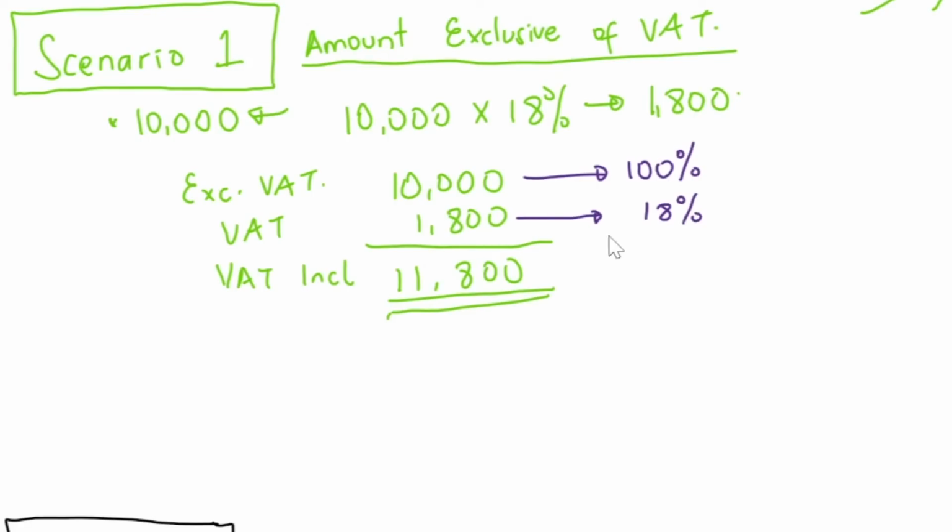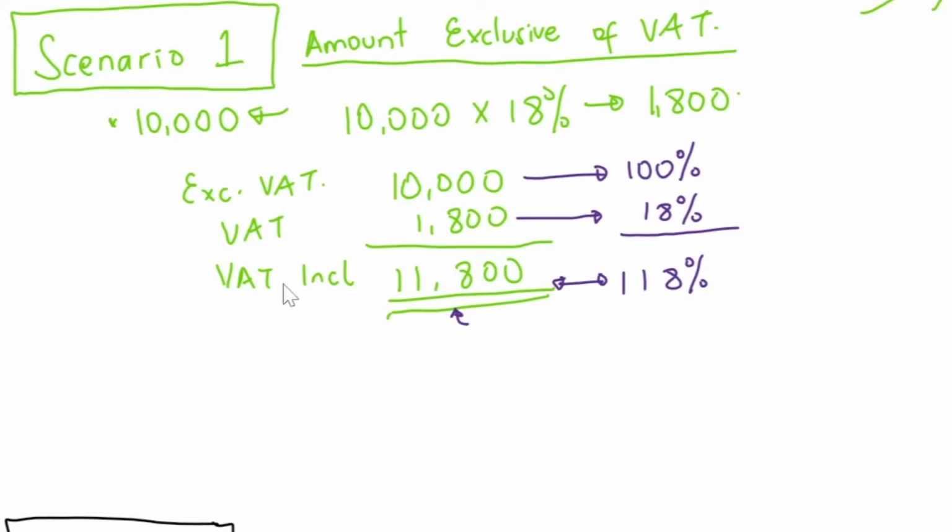So when we add these two percentages, it's going to give us the VAT inclusive figure. This 11,800 is having 100% plus the 18%. So it is having 118%. That is what it is.